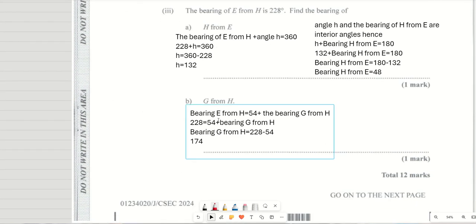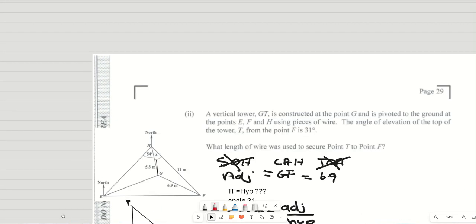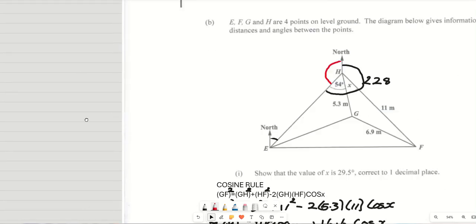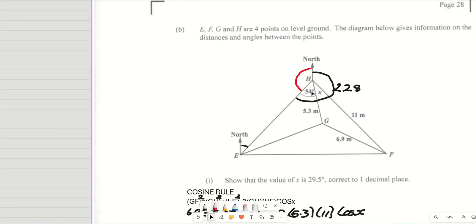They ask you for the bearing of G from H. Let's go up to the image. G from H, so starting from H, you're going to go to the G line. So that's here. Now we can clearly see that the yellow line is the difference between our black line and 54, because our yellow angle, bearing G from H, plus 54 is 228.